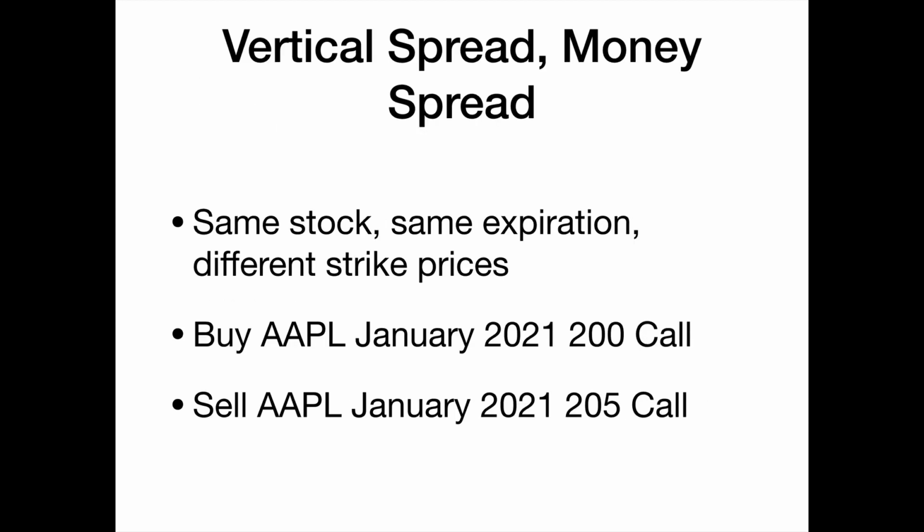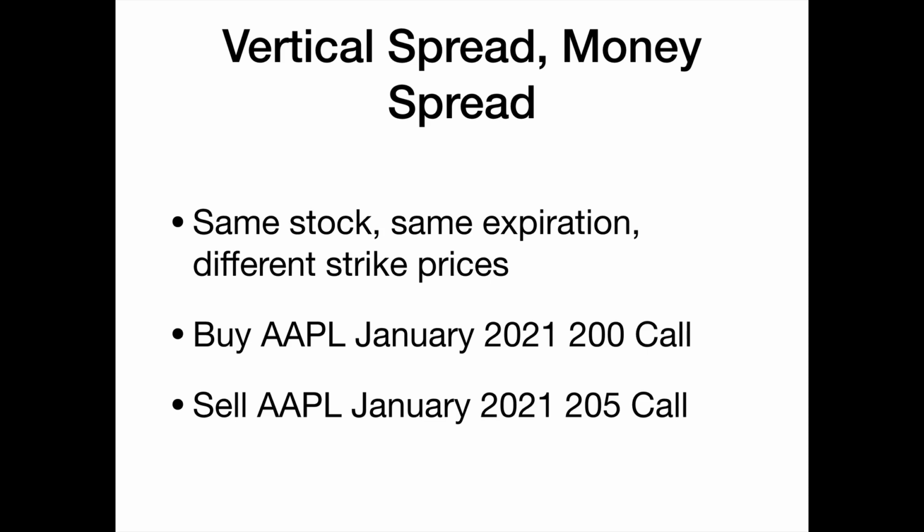Now we move on to what are called vertical spreads. Sometimes you'll hear these referred to as money spreads. Most often you'll hear it as vertical spreads. Now the reason they're called vertical spreads is because your options are going to have two different strike prices. So it's basically going to be the same underlying stock, same expiration date, but two different strike prices. So in this case, this is a call spread.